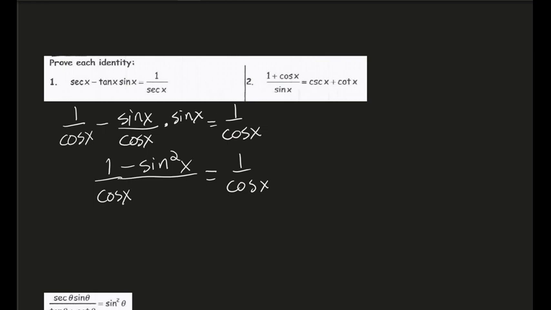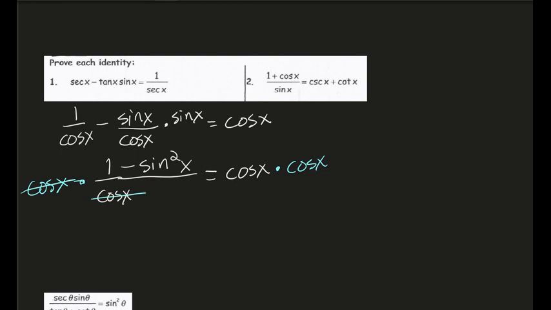And that's going to be equal to, sorry, it's not 1 divided by cosine of x. It's just cosine of x. I'm thinking of a different problem. So it's just cosine of x. So what we can do here is multiply both sides of this equation by cosine of x, and it will factor out with this denominator here.